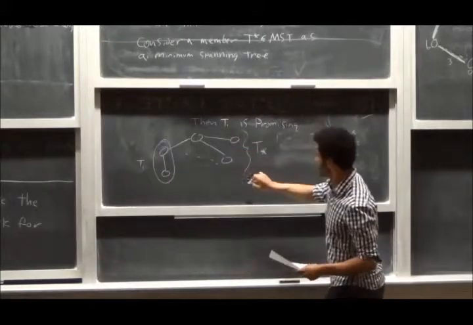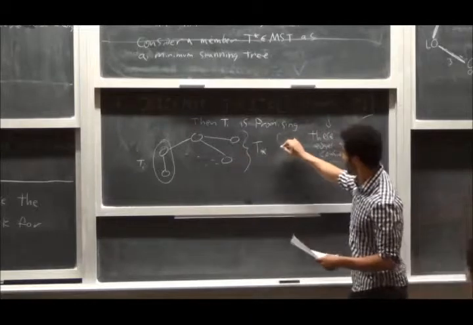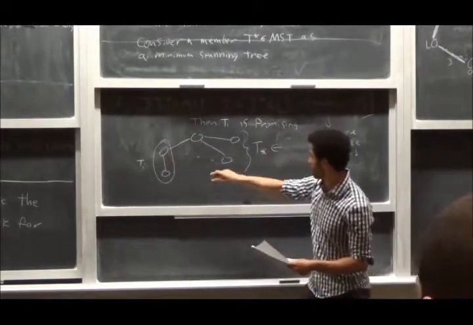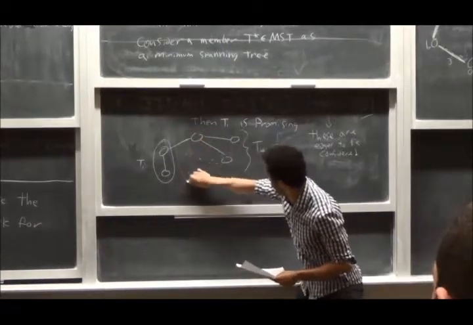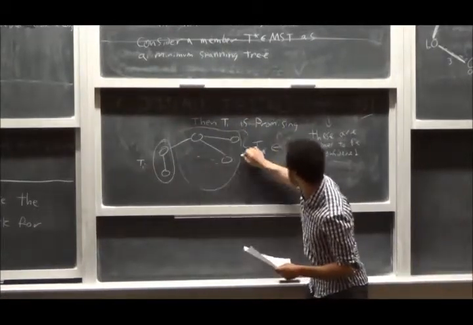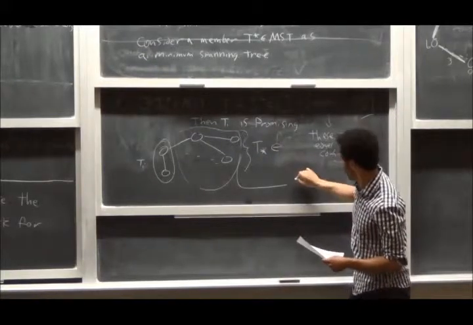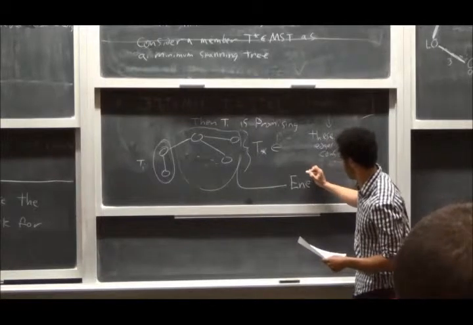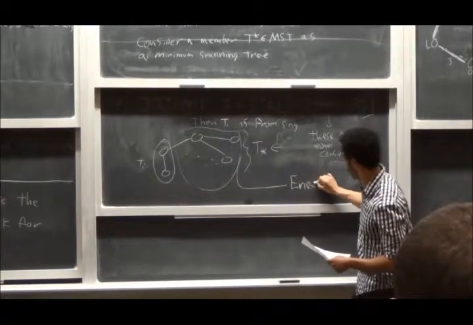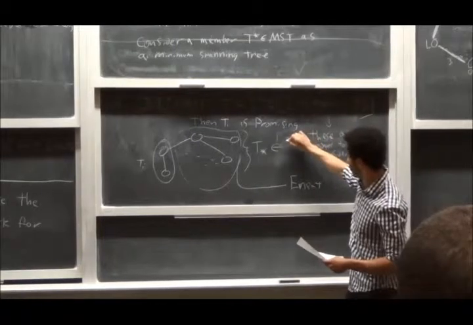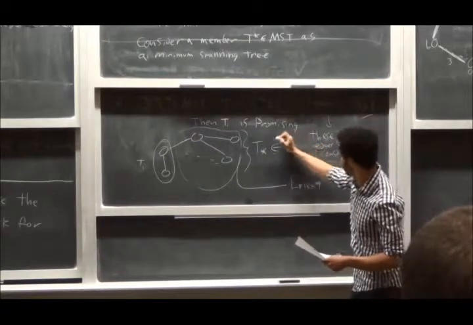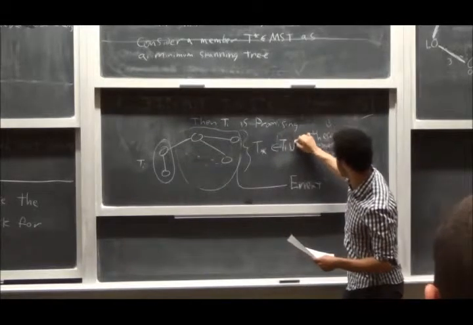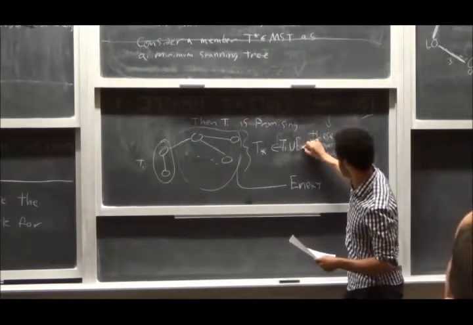This edge is not included. So T star is, if we grab all these edges, we call these edges, say, E next. I'm just making stuff up right now for clarity. So we're saying T star is in our Ti, where we are, union with our E next.